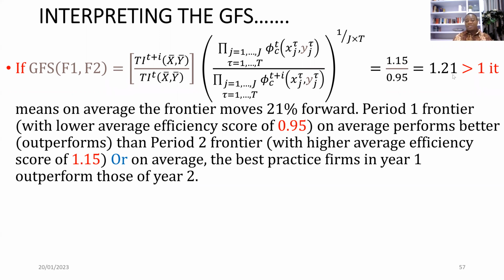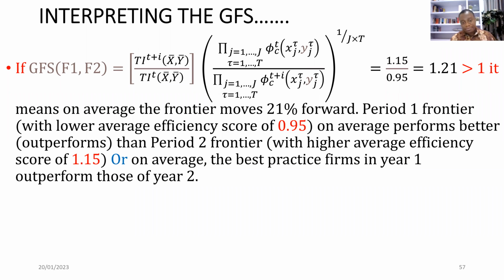So on the basis of this, if there were groups, Francis, going back to you, the group 2 frontier is better than the group 1 frontier. If there were time periods, what it means is that the frontier in year 2 is better than the frontier in year 1.